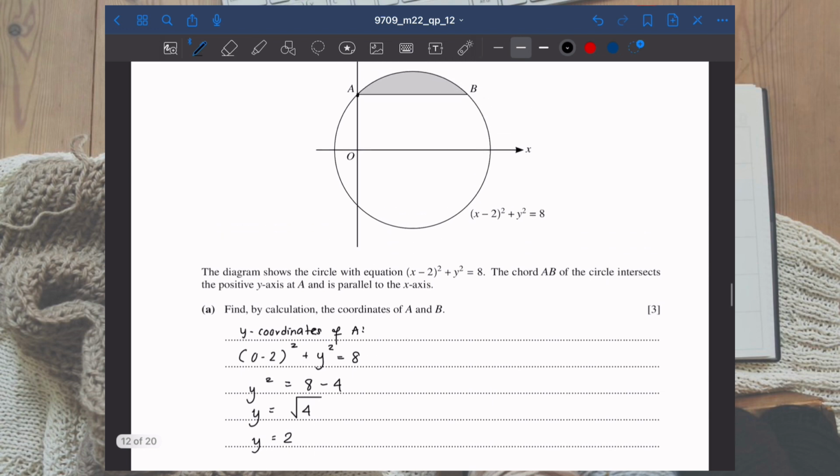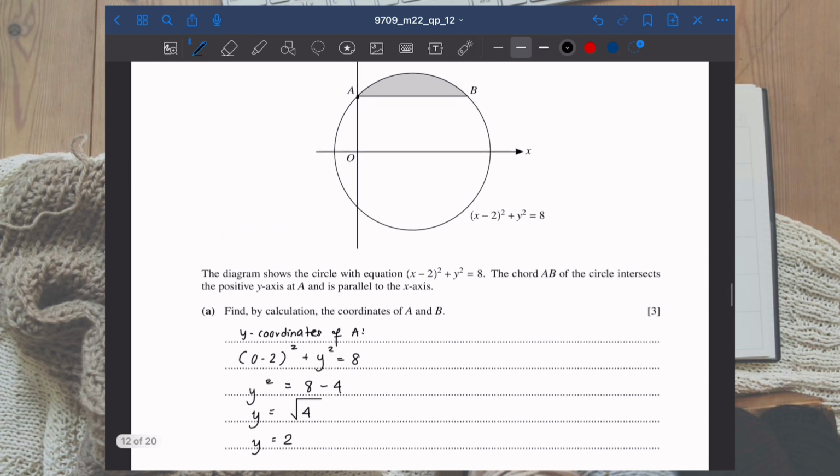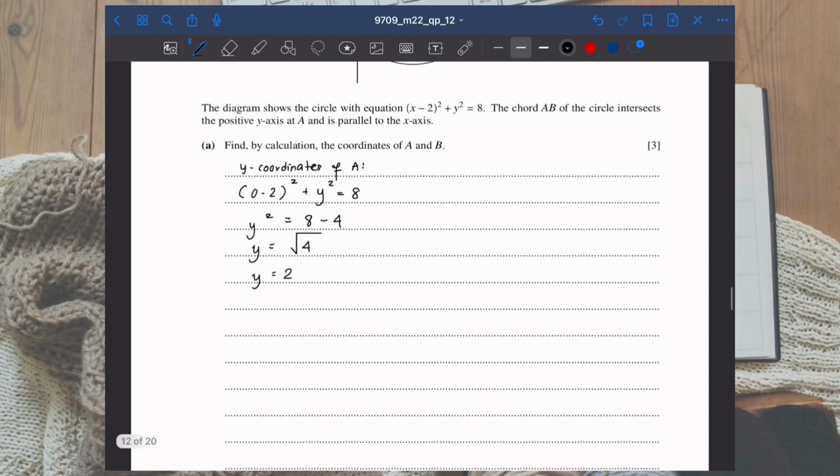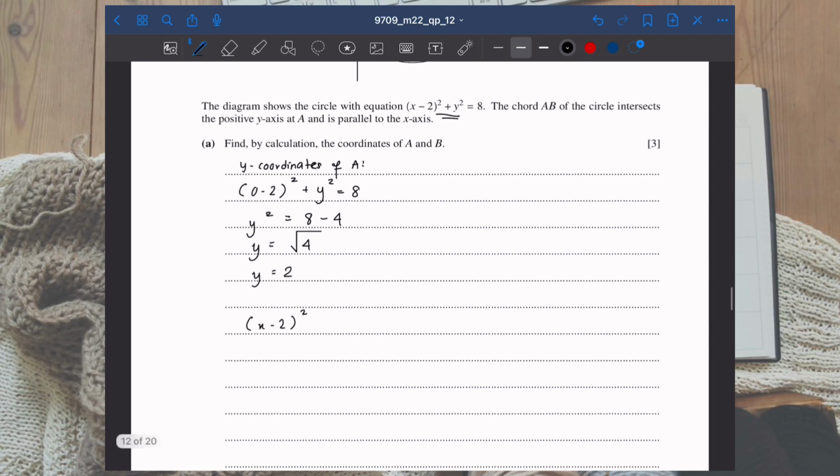The chord AB is parallel to the x-axis, meaning the y-coordinate of B will be the same as A. So let's substitute y back into this equation. (x − 2)² = 8 − y², which is 2 squared.